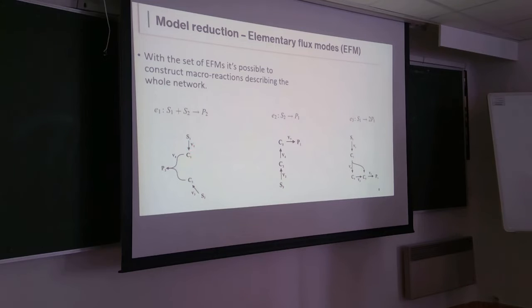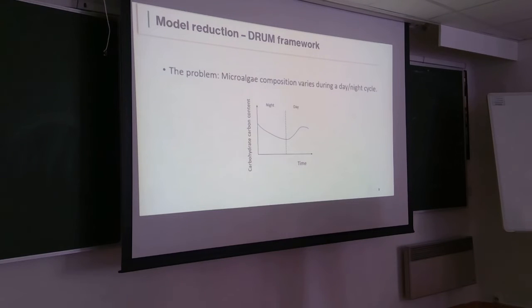So with the first elementary flux mode, you're going to have the macro reaction S1 plus S2 produces P2, and also for the other two elementary flux modes. But the problem is that for microalgae, the internal metabolites vary, the concentration varies, it's not a steady state.